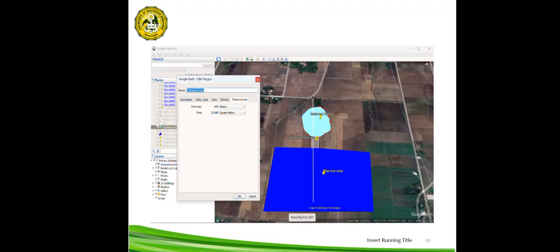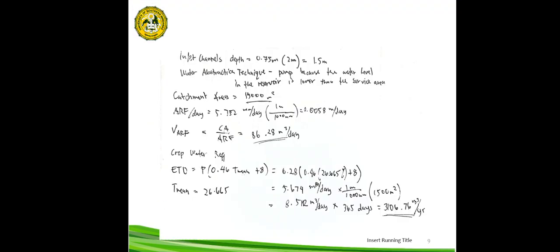To get the surface area, we need to get the crop water requirements. So ETo is equal to P times 0.46 T mean plus 8, where from the Pag-asa website, the T mean is 26.65 degrees Celsius.